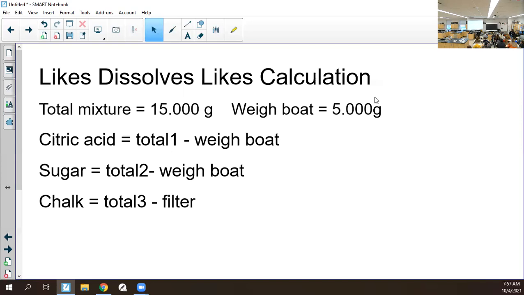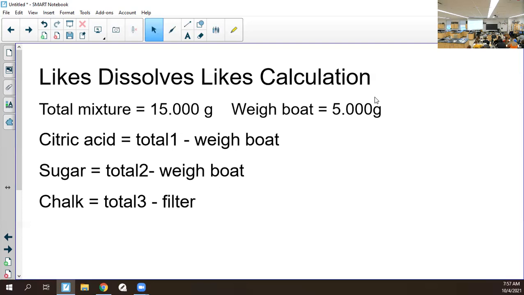Okay, so now we're going to have 3 different totals. Or sorry, we need to get a filter. For filter, you can say that that's 2 grams, right? Mass of our filter is going to be 2 grams. Again, I'm just pulling numbers out. So under the chalk portion, your second line next to the chalk portion should say something like mass of clean filter or mass of empty filter, right?